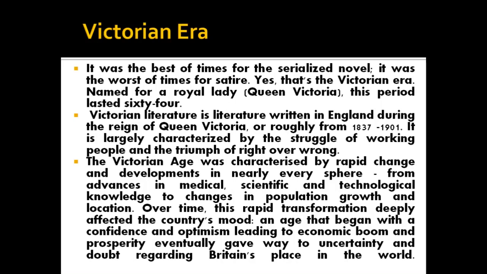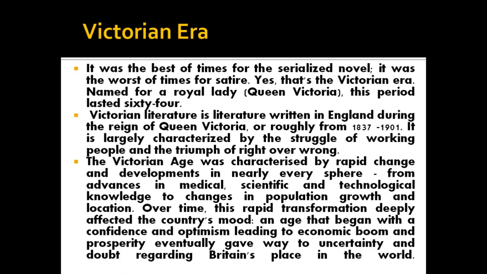Over time, this rapid transformation deeply affected the country's mood, an age that began with confidence and optimism, leading to economic boom and prosperity, eventually gave way to uncertainty and doubt regarding Britain's place in the world.